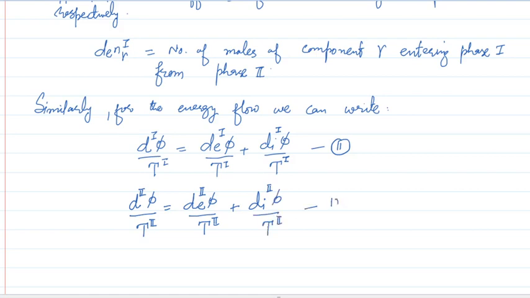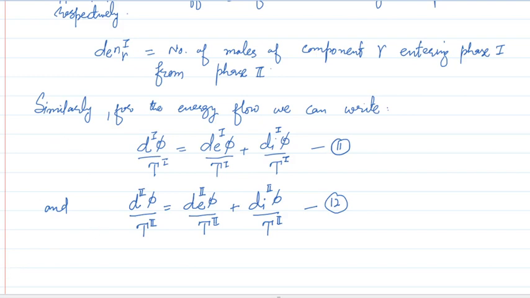This is equation 12. If anyone has any doubt regarding these equations, we have already derived and discussed these relations in the previous video lectures. So please go through those and you will get the terms here.